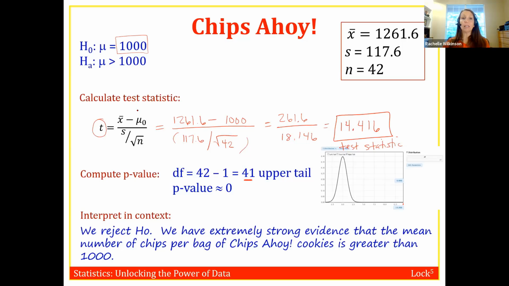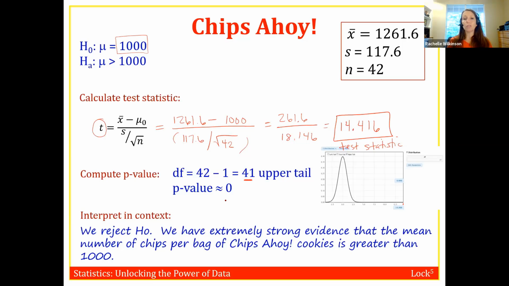Whereas our test statistic T is something that we compute, based on the information in our sample, to come up with a number that we then use to find the p-value. You might want to put a big star in your notes to remind yourself that T-star and T are not the same thing.